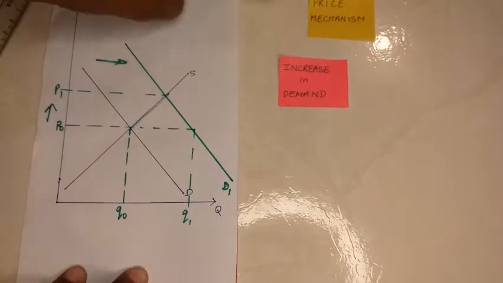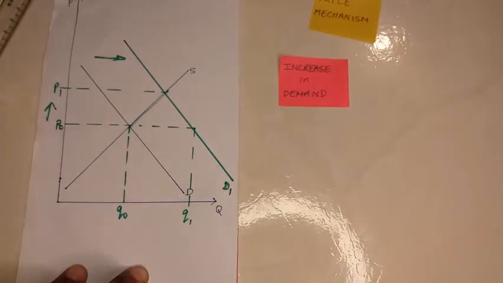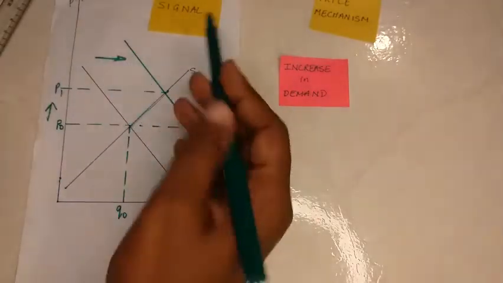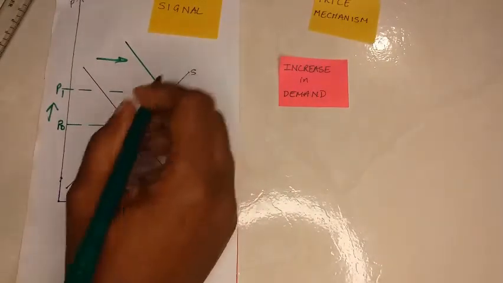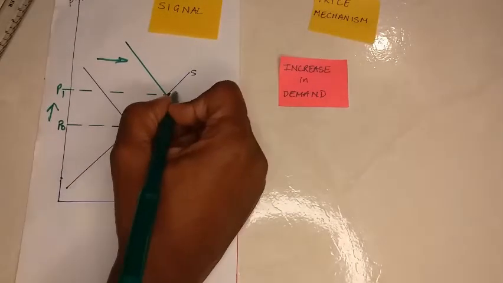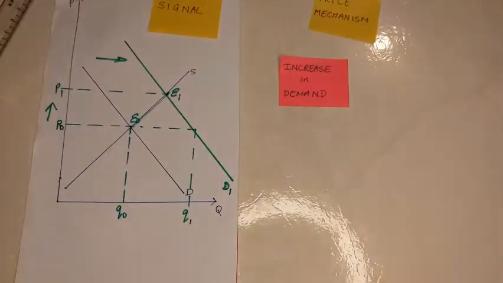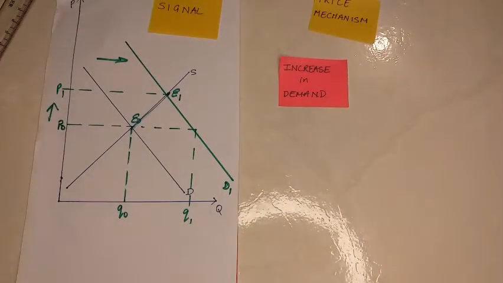And the higher prices also signal to other firms who were not in the industry before to produce more. And so overall we're seeing that supply would increase. So this brings the industry to the new equilibrium point. So we could call the first one E0. It will bring it to a new equilibrium point E1.